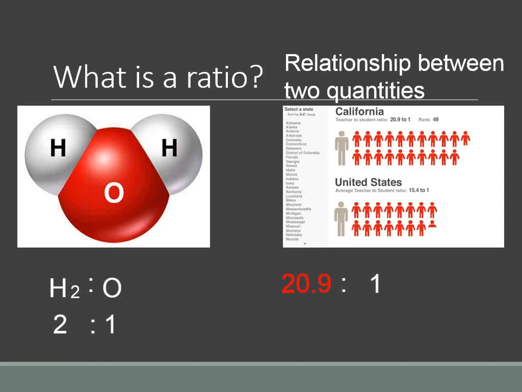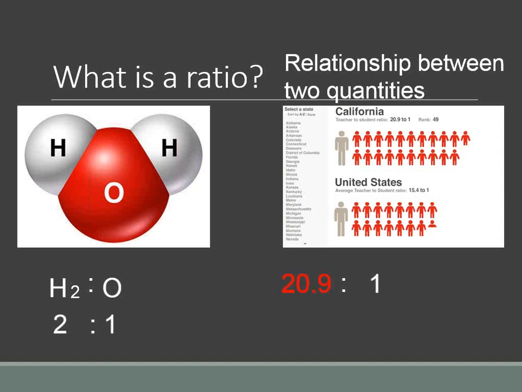Well, if we follow that logic, that means there's 20.9 students, or sorry, 29 teachers to every one student. And that would be a phenomenal teacher-student ratio for us as far as being able to give personal attention, but it'd be really hard to finance.